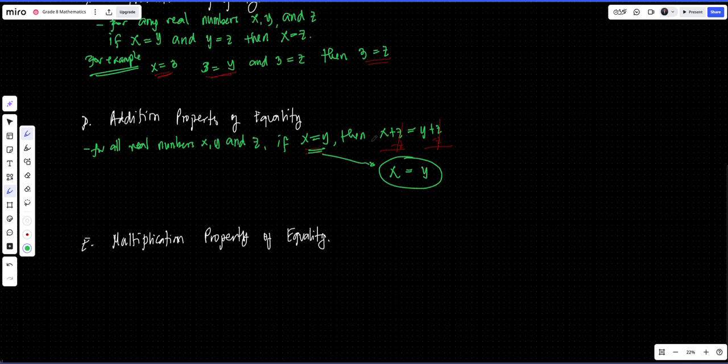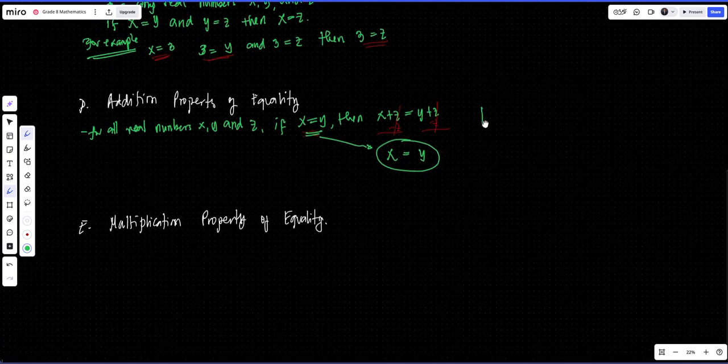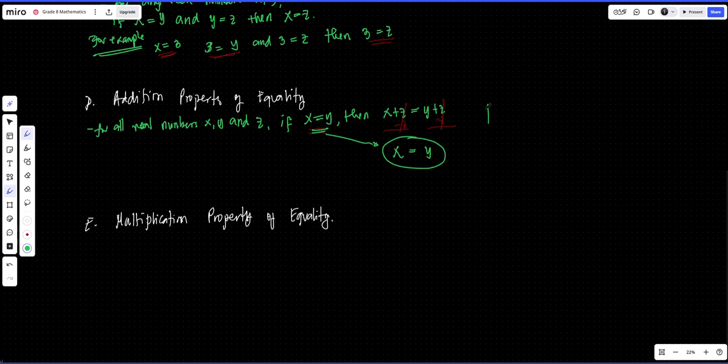Okay? For example, we have x minus 2. Okay? So, x minus 2 is equal to 7. So in this part, x minus 2 is equal to 7.